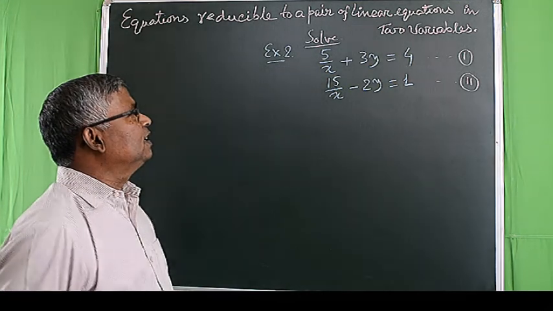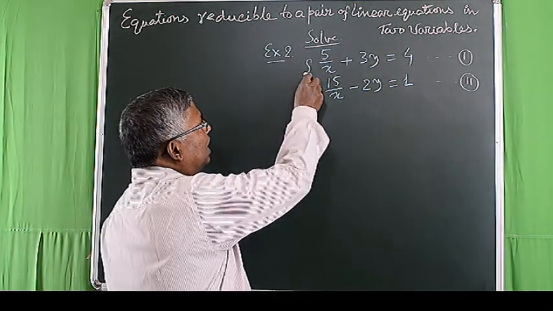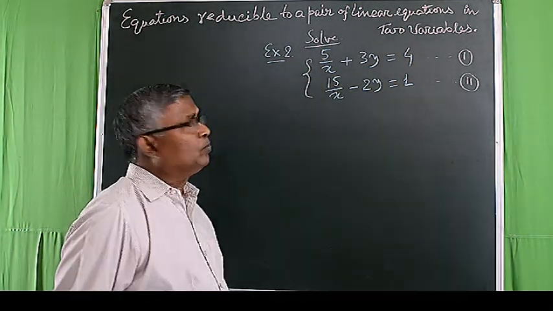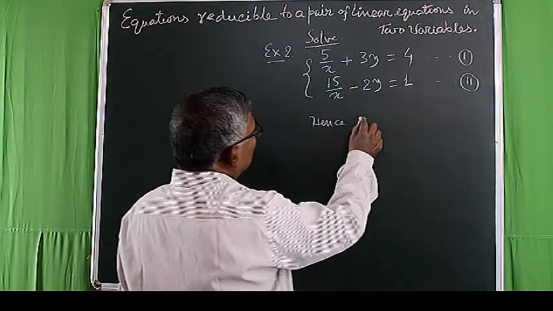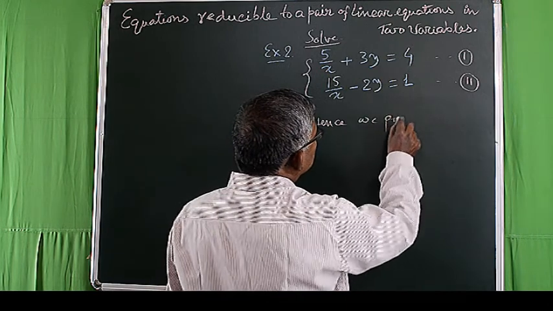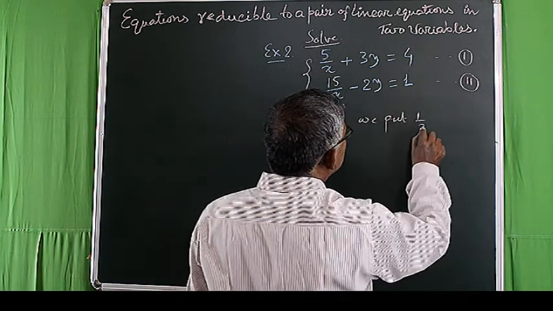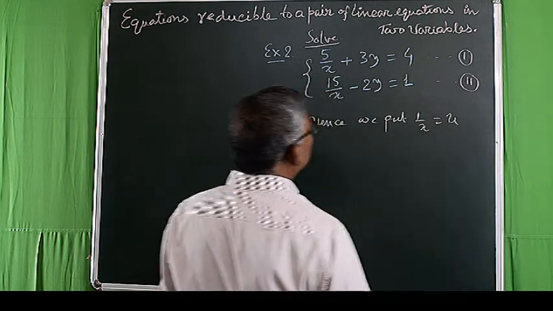Students, clearly these two equations are nonlinear. Hence, we put 1 by x equal to u.